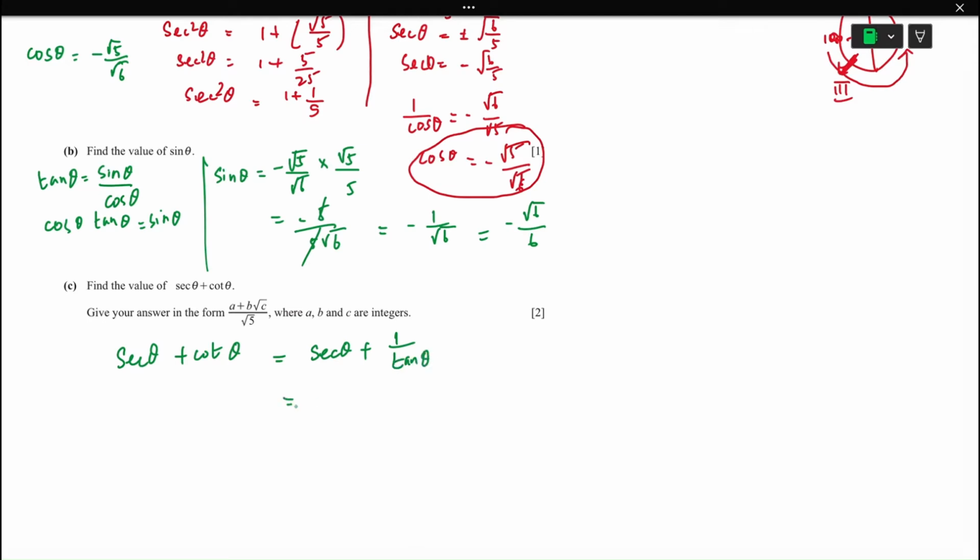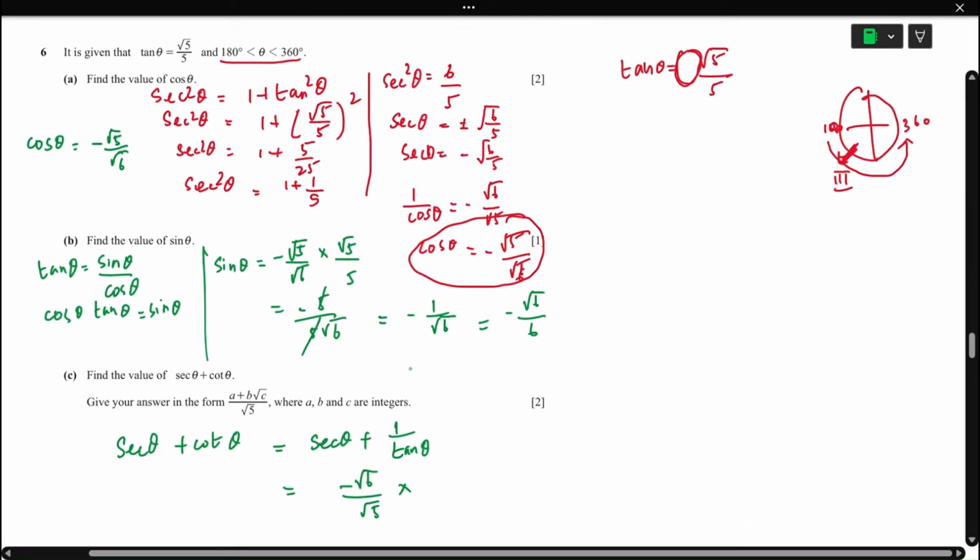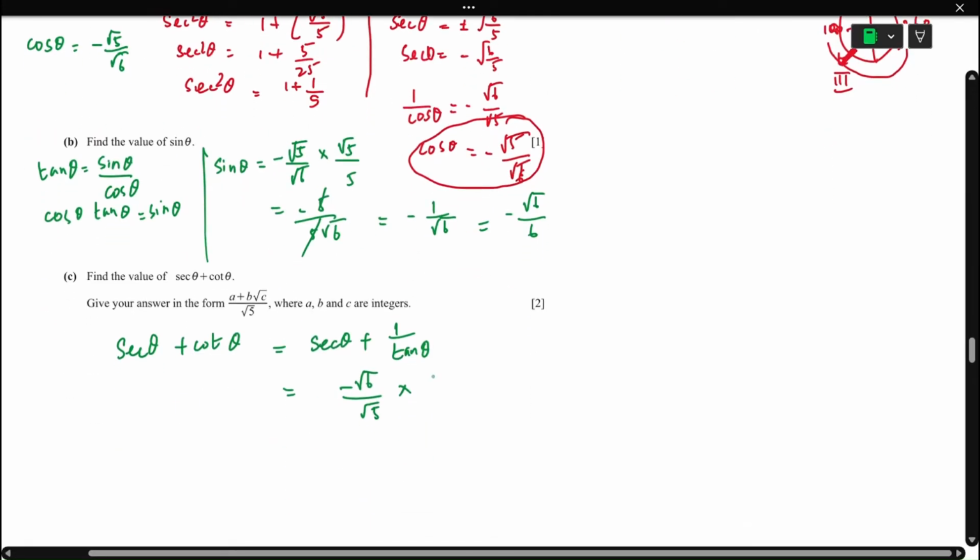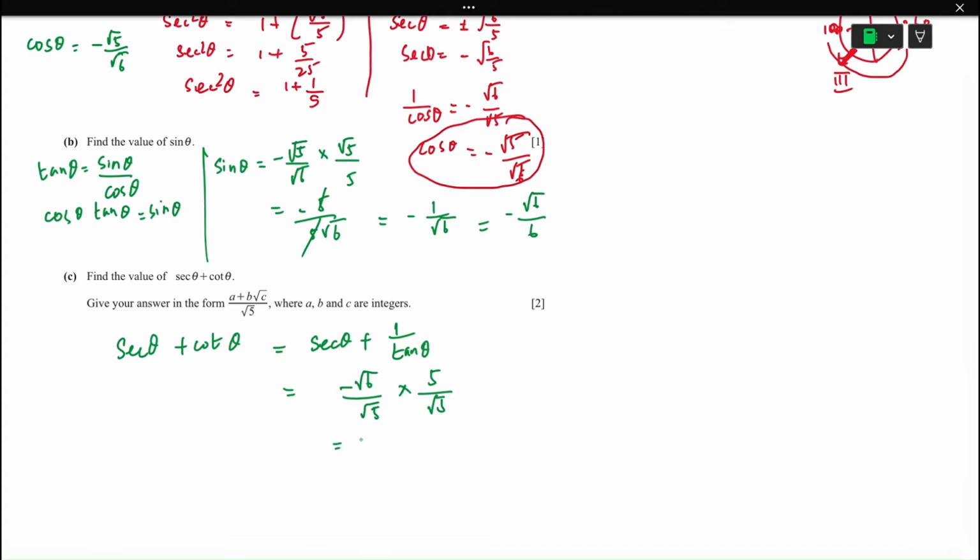Next I'm going to apply the value, which is negative square root of 6 by square root of 5, plus 1 by tan theta, so the tan value is swapped, which is 5 over root 5. So final answer, 5 minus root 6 over square root of 5.